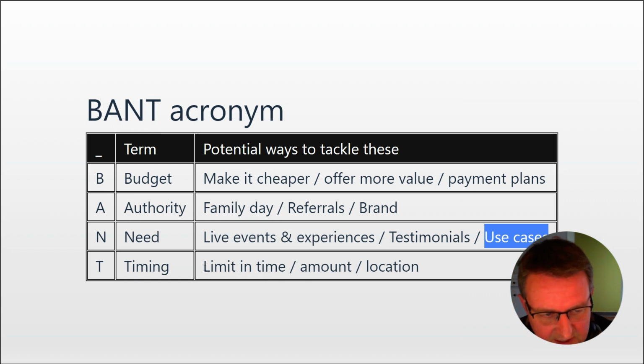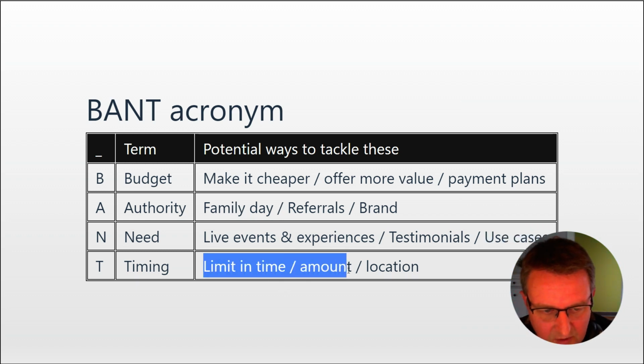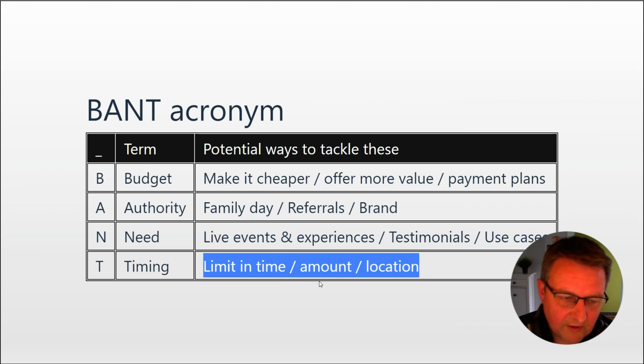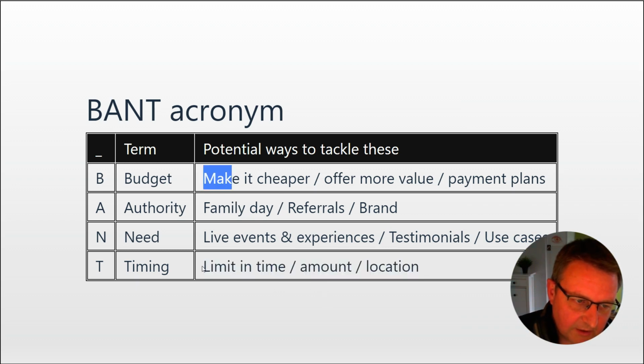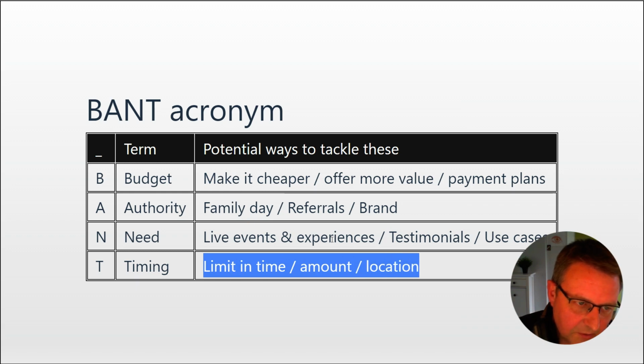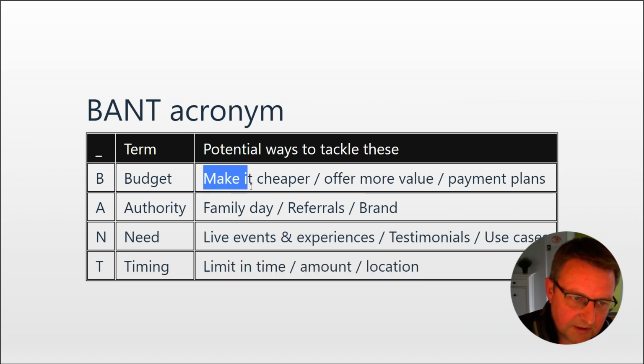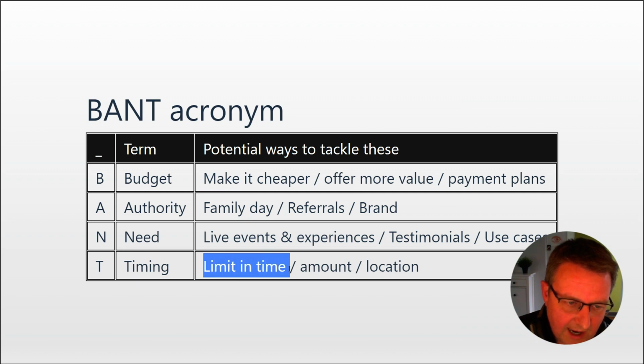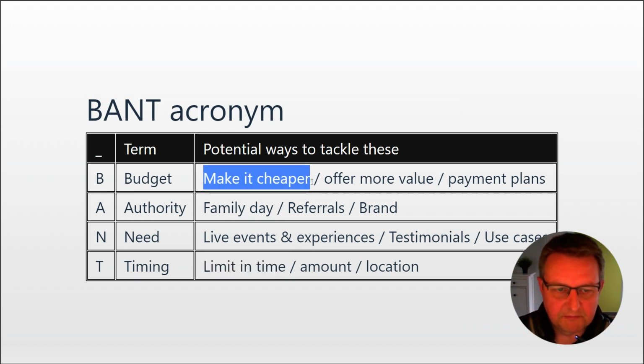And last but not least, timing. What you can do to use this to your advantage, especially if you combine these with the others, is turn this into actual triggers to convince people. So you could say, hey, if you buy within this month, we have a special action, Valentine's action or whatever, you get 10% off for all screens.